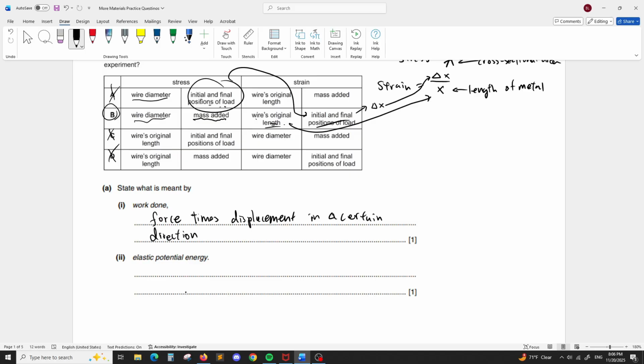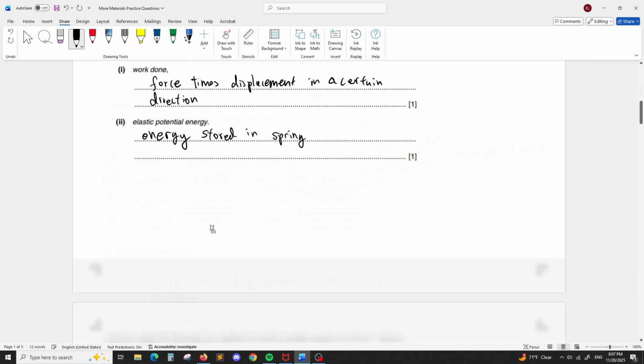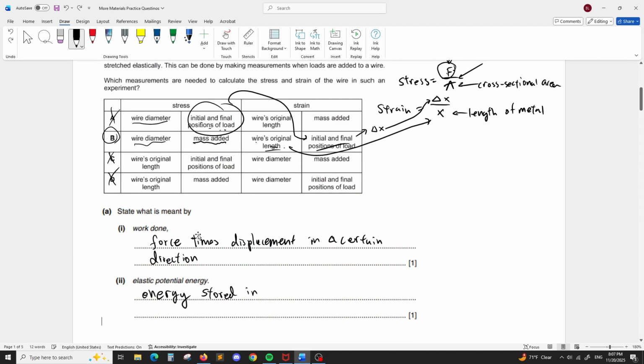Elastic potential energy. Elastic potential energy is energy stored in springs. Wait, not springs, but materials when stretched and compressed.